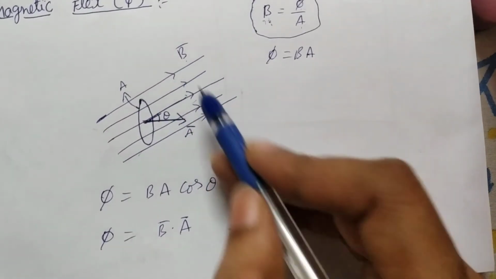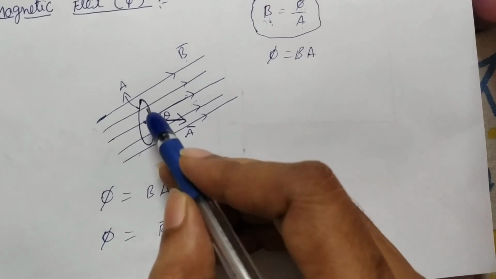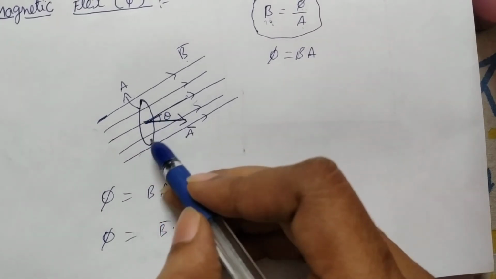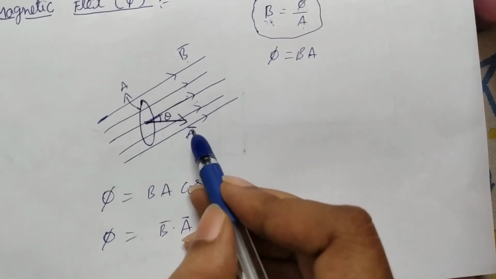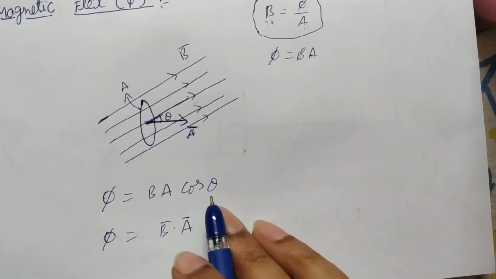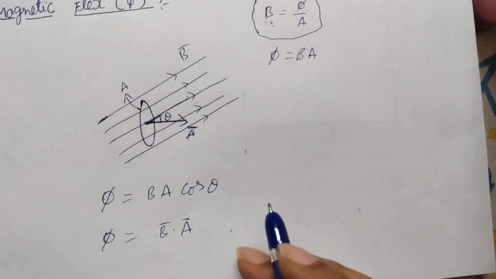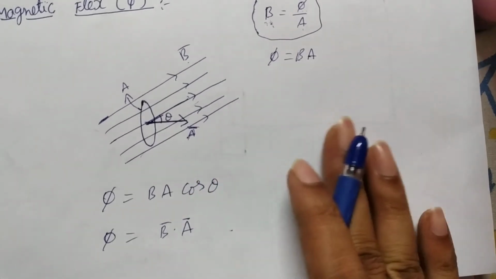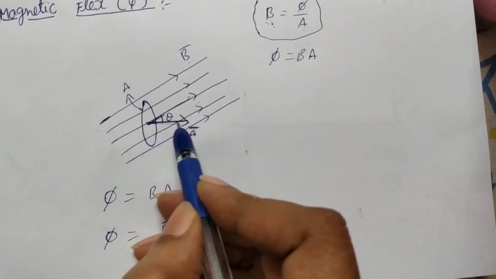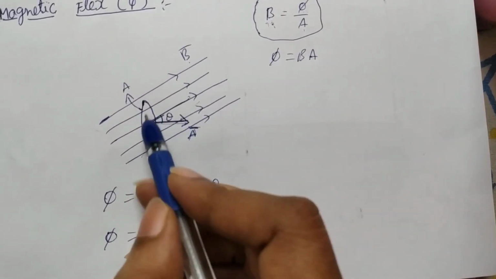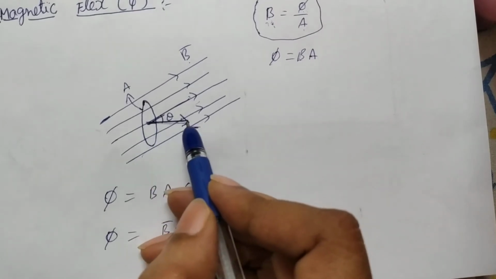Magnetic field induction is B. And the area of a plate or area of a surface you can assume like this. That area is A bar like this. The direction of area is perpendicular to the surface of that body. So that's why we should take a normal on the circular surface like this.